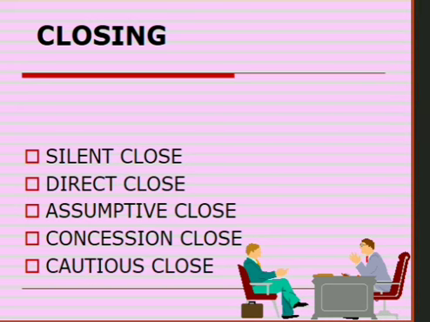Now, there are a few categories of closing. Now, I'll go through these categories of the closing. First is the silent close. The salesperson makes the presentation and waits patiently for the customer to make the purchase decision.